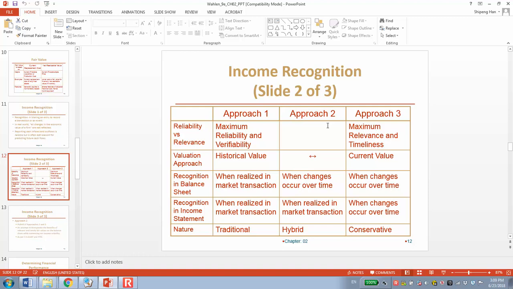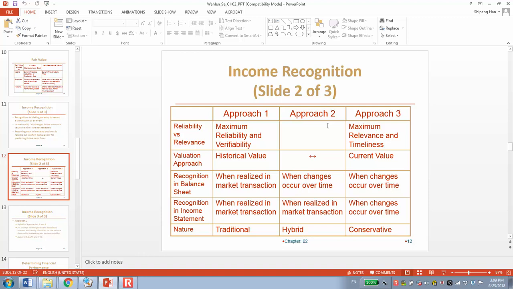So actually this part we apply in the balance sheet as other comprehensive income. So this part actually bypasses the income statement. So currently in income recognition, we recognize two different incomes. One is realized income, the other is gain occurred. So the realized items are recorded in the income statement.